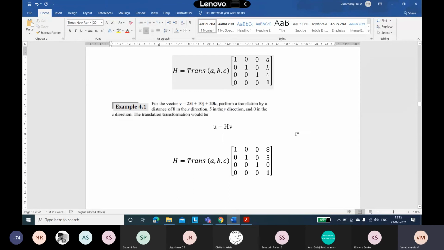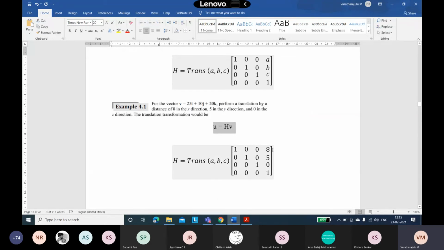That's problem number 1. For the vector V equal to 25i plus 10j plus 20k, perform a translation by a distance of 8 in the x direction, 5 in the y direction, and 0 in the z direction. The transformation would be, restating the formula, U is equal to H into V. H would be the translation matrix. The translation matrix is ABC.